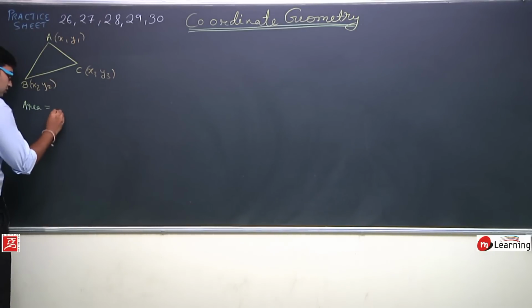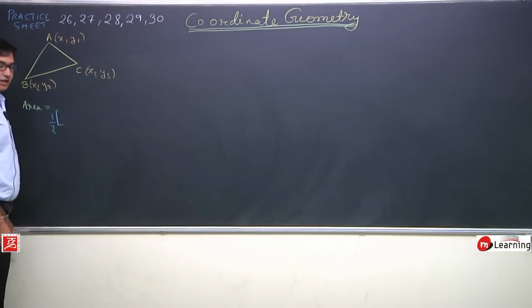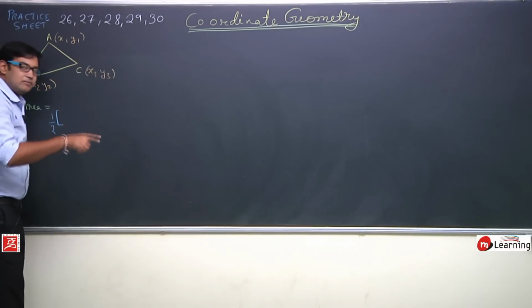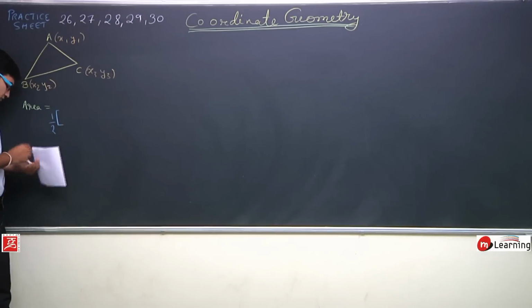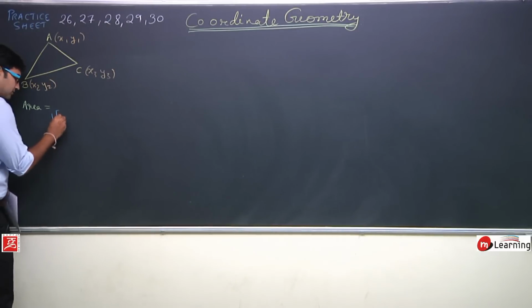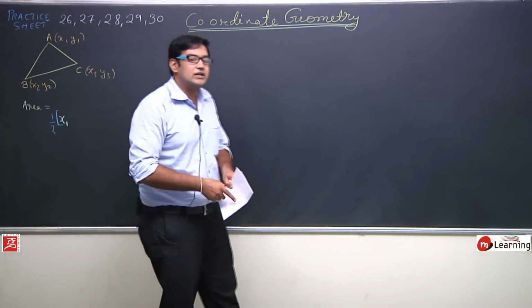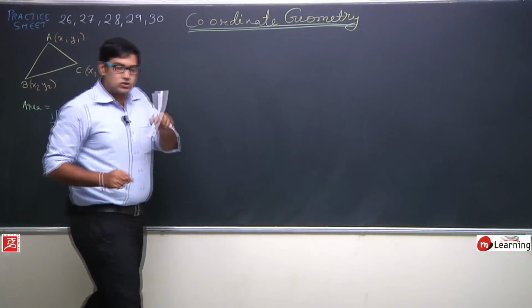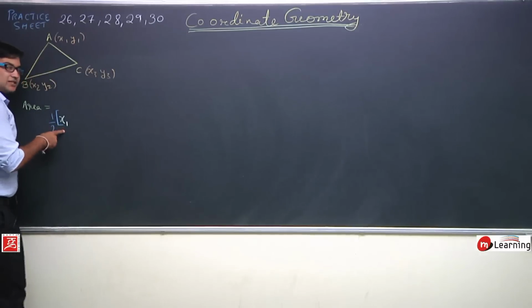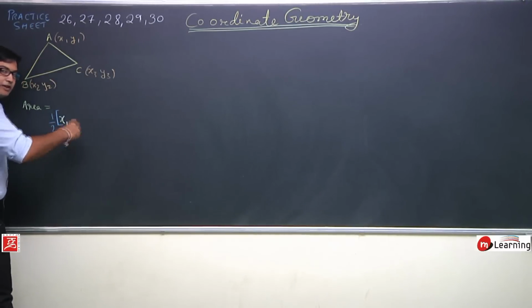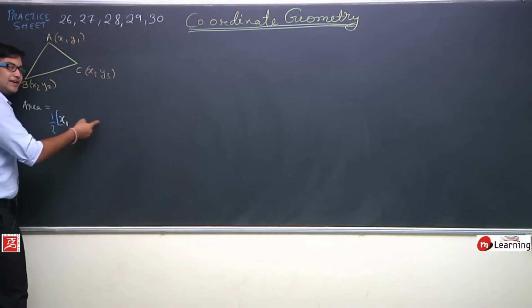half times the bracket. Then how to write the formula, how to remember the formula? First you need to write x1, because outside the bracket it will be x coordinates and inside the bracket it will be y coordinates. So to remember that formula, this is x1. Now after 1 what will come? After 1 it will be 2 and then 3.